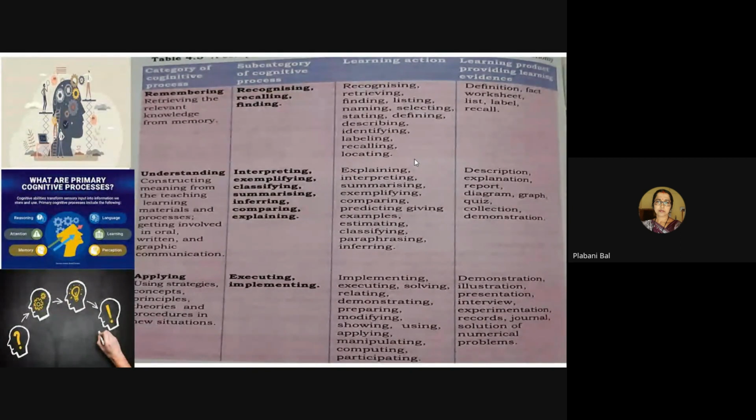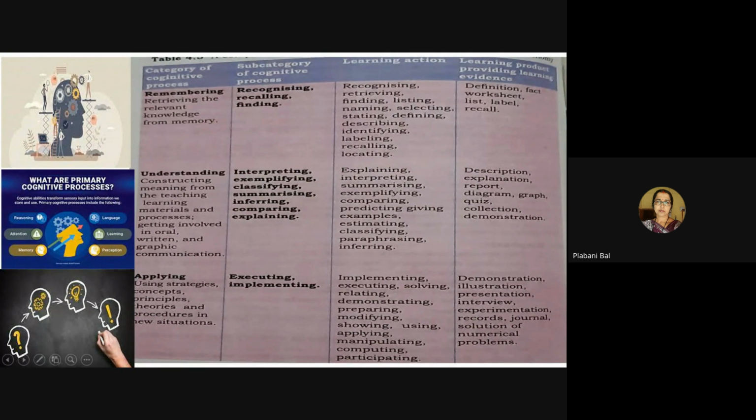When you use these type of action verbs in writing your learning objective, then it can be understood that you are indicating the category of cognitive process, that is remembering. So if you are teaching a concept, then the things related to recognize, retrieve, find, list, state, define, describe, etc., these are the learning action verbs.